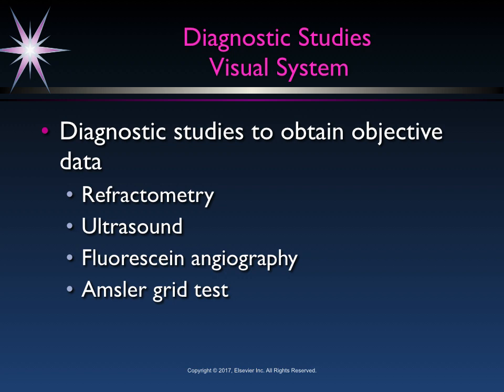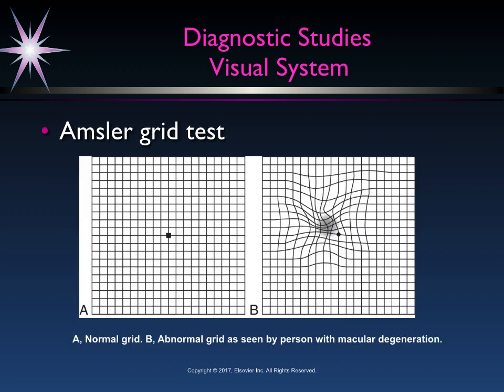And the Amsler grid test, which is on my next slide, can show whether there are changes in the retinal surface. So, for instance, the grid to the left is how we should normally see it. But if somebody has macular degeneration, they may see it like the one to the right.